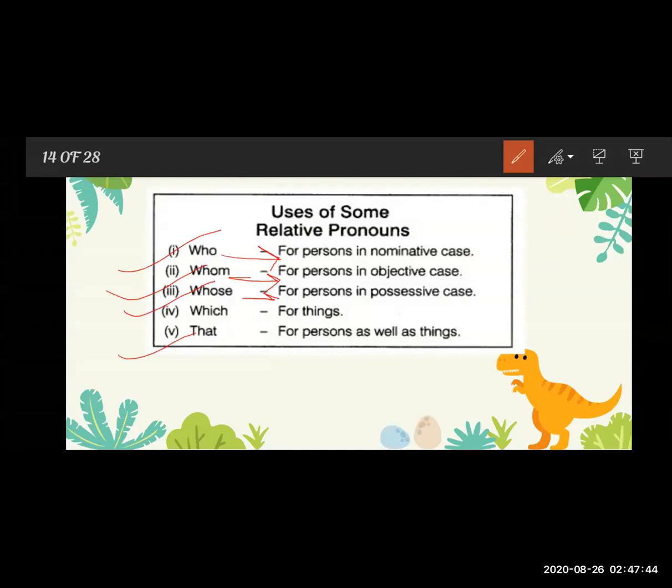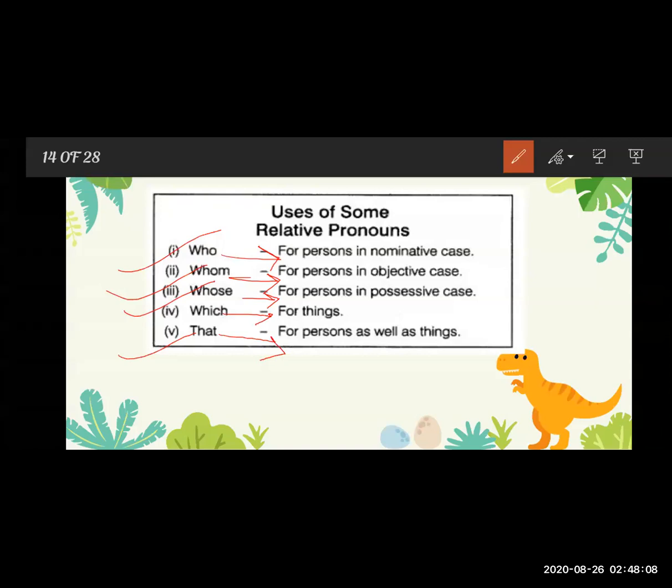Whose we use to show possession, in the possessive case. That we use for a person as well as things, and which is used for things.